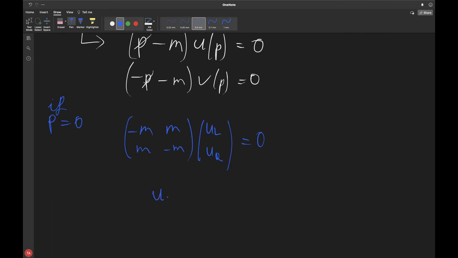The solution to this is going to have the form of the square root of the mass and some vector, which I'm going to call the components xi and xi. And also the same thing for the v is going to be the square root of m, but let's call the components eta and eta. So this describes the matter, and this is the antimatter.